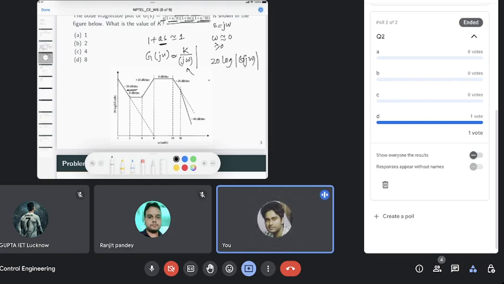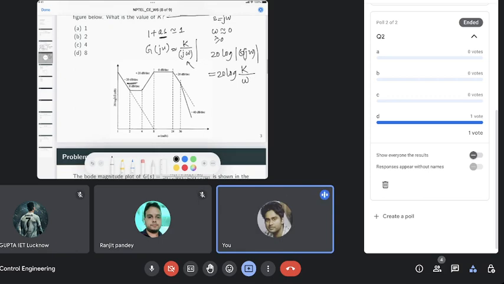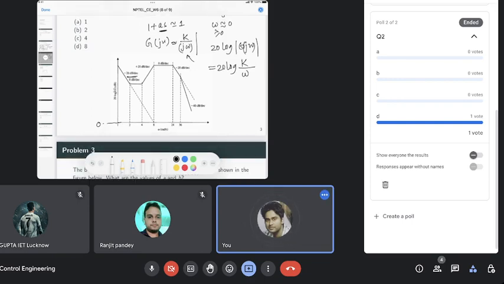The initial portion will be 20 log K, and this magnitude is simply K by omega. When this slope line hits the 0 dB line, 0 dB means the magnitude should be 1, since the logarithm of 1 is 0, so this equals 0 you can put.